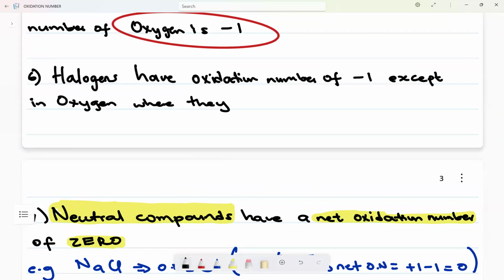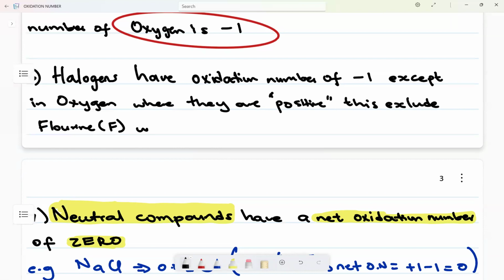Where they are positive, this excludes fluorine, which is always -1, even with oxygens.